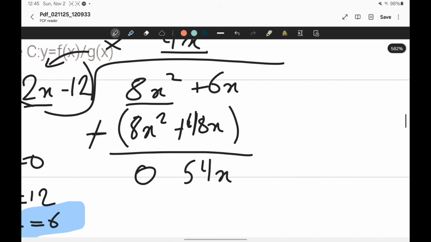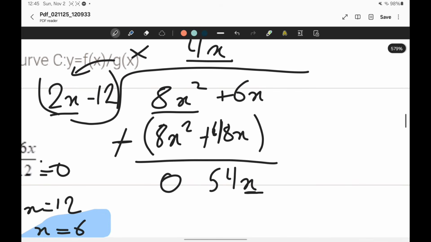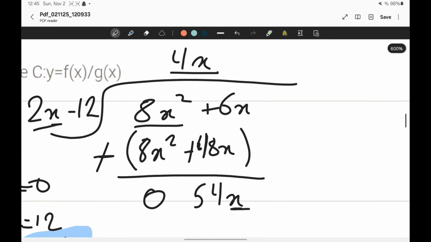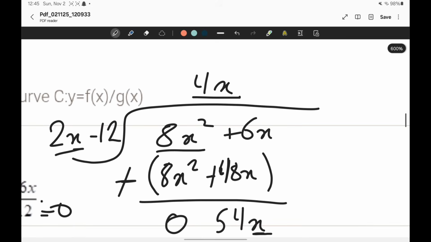Here we still have an x, so we continue dividing. 54x divided by 2x is 27.